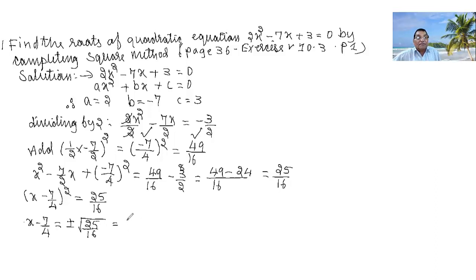Simplify this: plus or minus 5, since root of 25 is 5, divided by root of 16 which is 4.